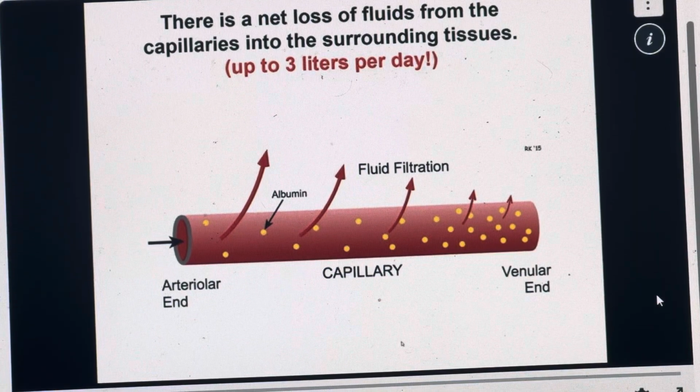They're actually set up so that certain substances are able to pass across the capillary wall. And in part because of this, there's also a constant loss of fluid from the blood inside the capillaries out into the surrounding tissues. In fact, there's about 3 liters per day of fluid that's lost from the blood into the tissues through the capillary walls.